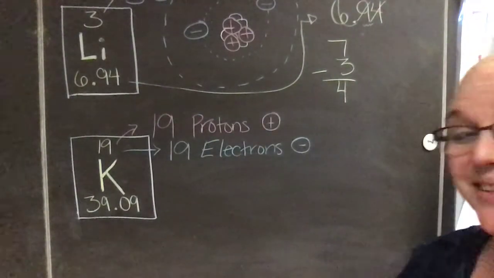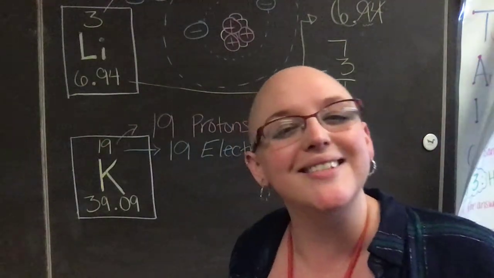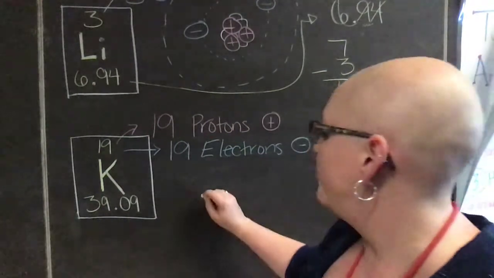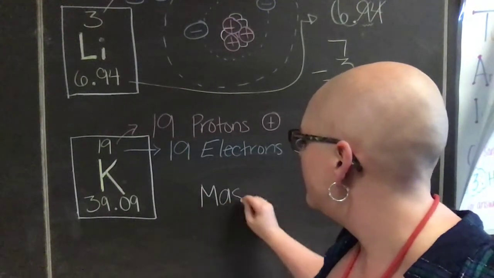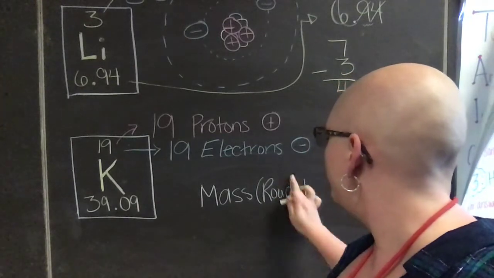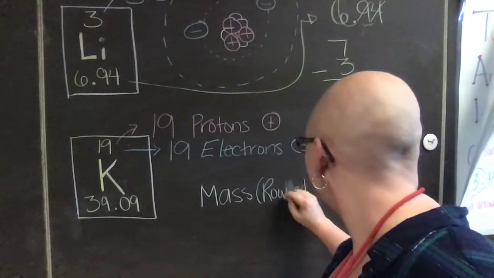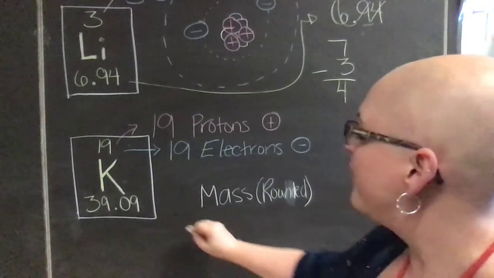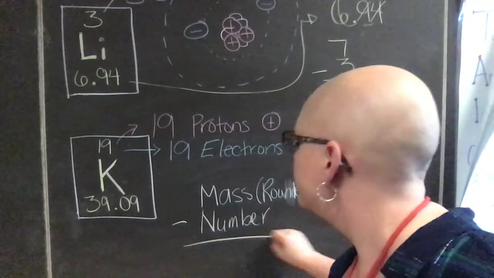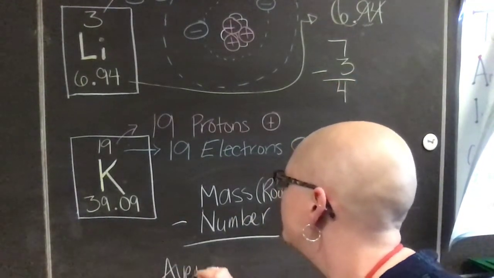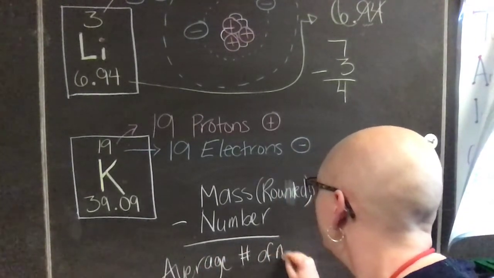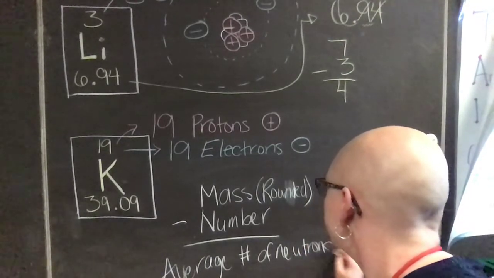So remember, this is the part that's the trickiest, but once you got this down, you've got it made. So to find the number of neutrons, we need to take our mass that has been rounded. Ooh, it would help if I could spell. And then we need to subtract the number to get the average number of neutrons.